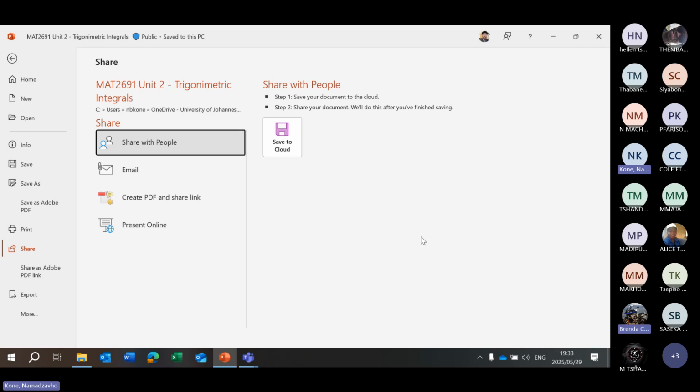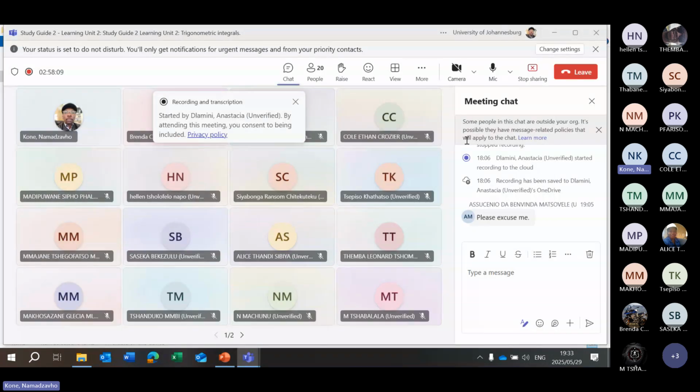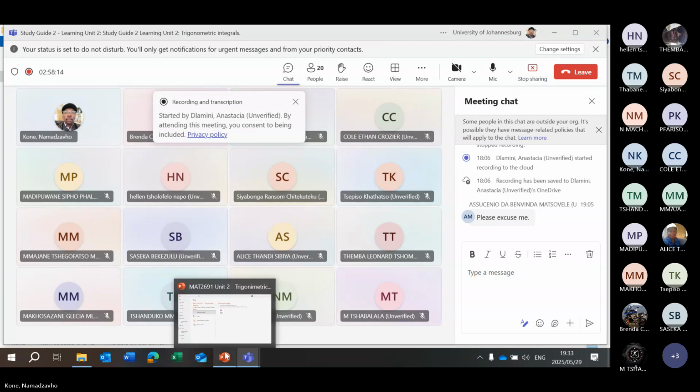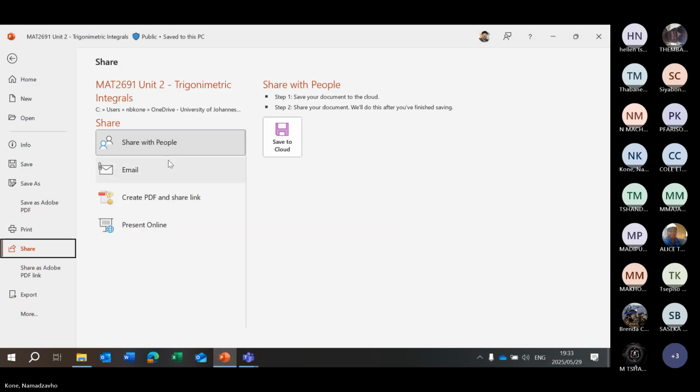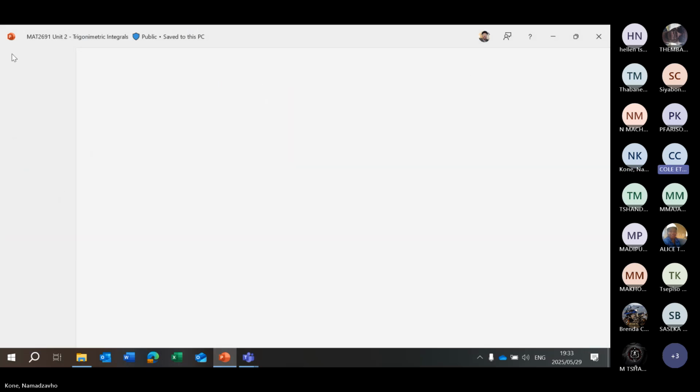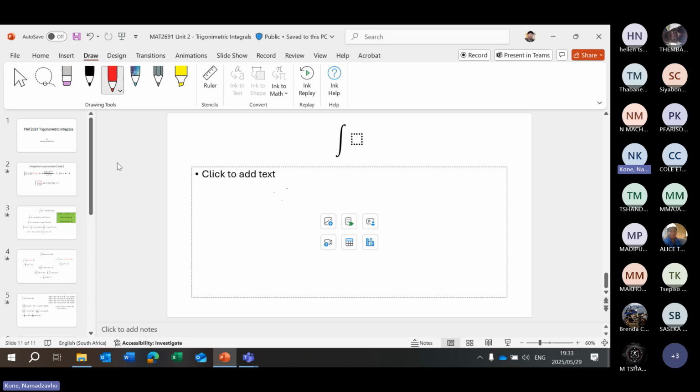Can you save it first? Can I email it? Should I maybe close it first and do what? Stop sharing, or what did I do that time? I don't remember, man. So I checked the link from the previous one. It was a SharePoint link. Is it? Yeah.